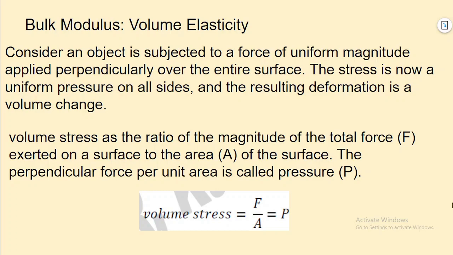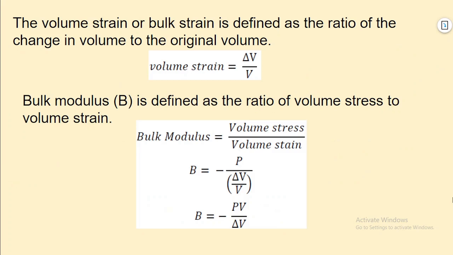Under the pressure, the object experiences a volume change delta V. Suppose V is the original volume. Since there is a change in volume, the corresponding strain is called volume strain, or also bulk strain.